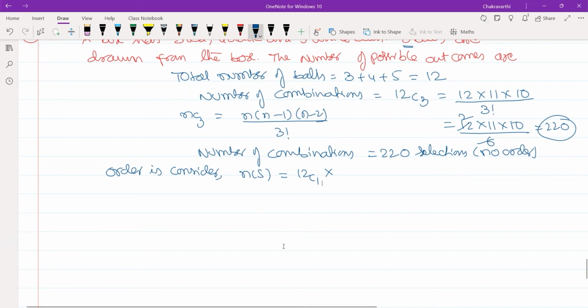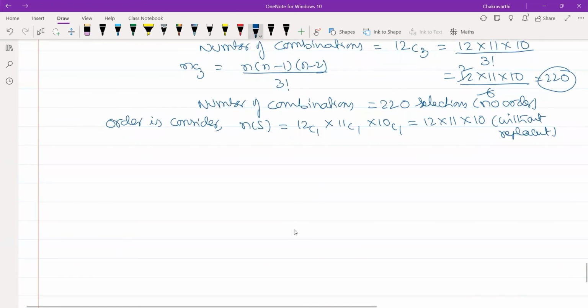So I am giving 12C1, 11C1, 10C1. That is equal to 12 into 11 into 10, without replacement. Without replacement conditions, a lot of possibilities are there.